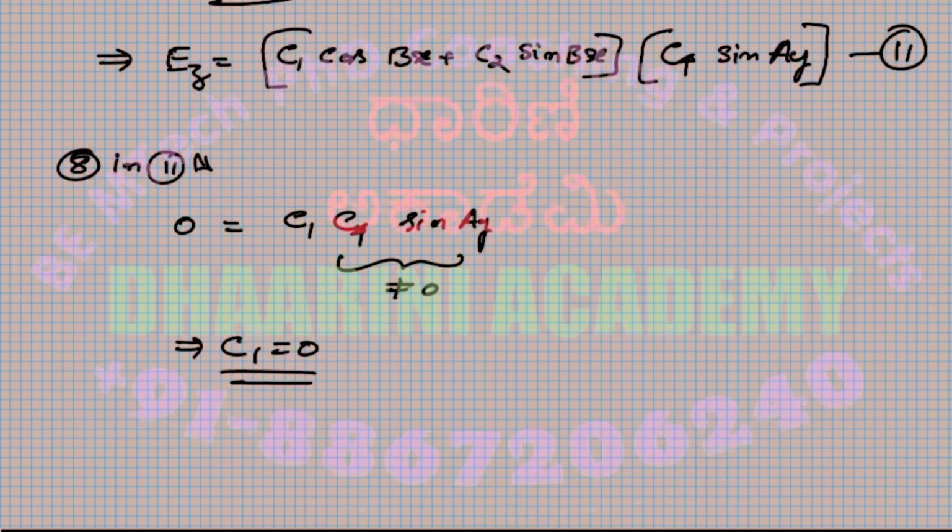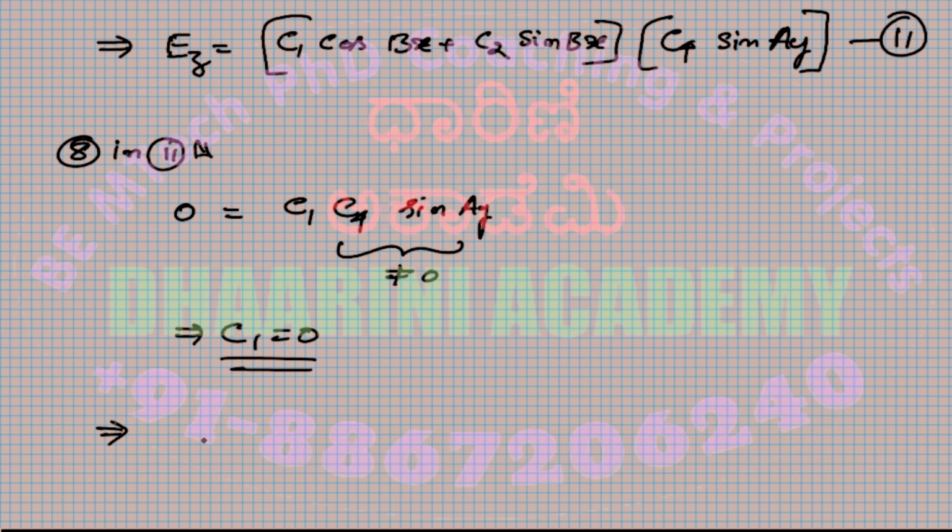This implies Ez is a product, right? I'll write the constants together. C2 C4 sine bx, correct, sine bx into sine ay.